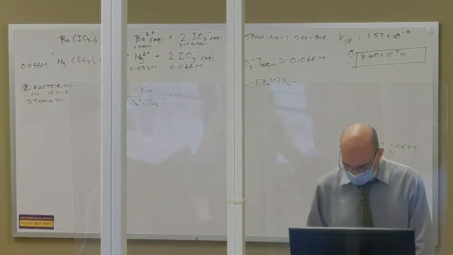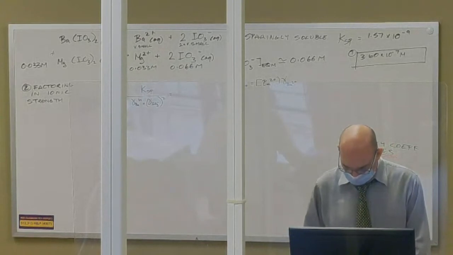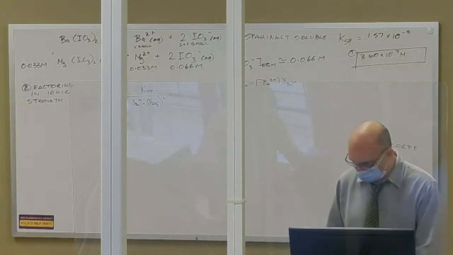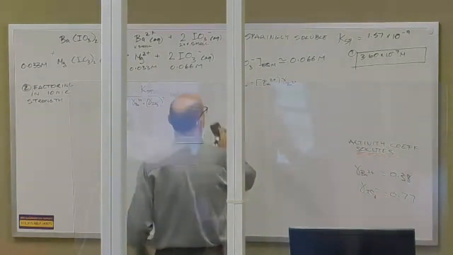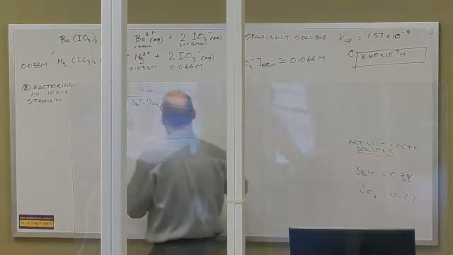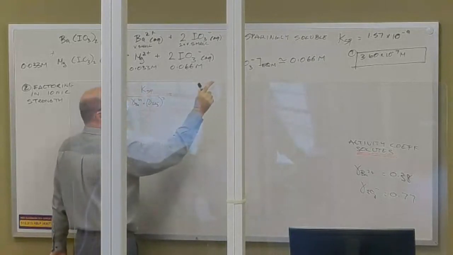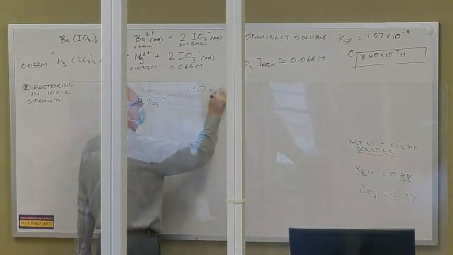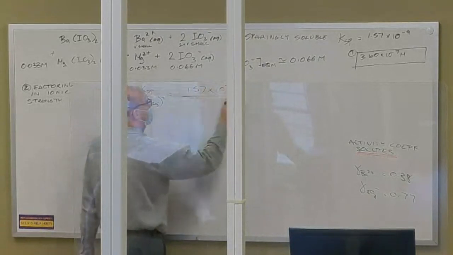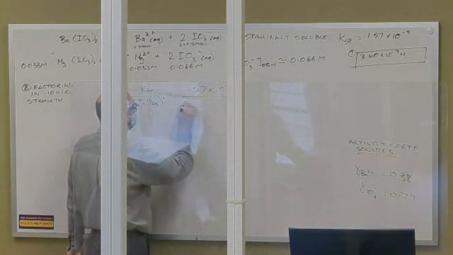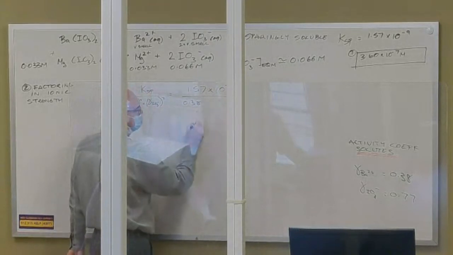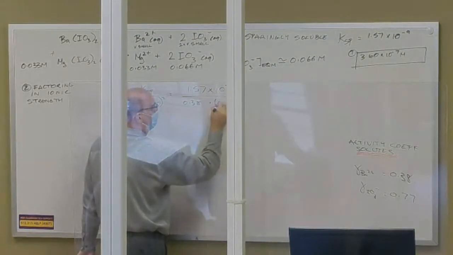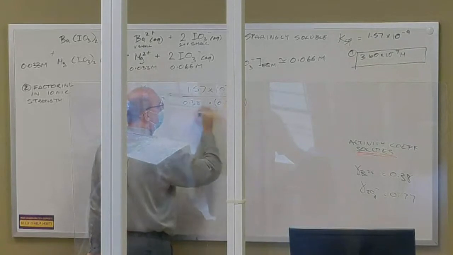The book has just written that, but I think they actually mean it the other way, the other way that we have been using it. All right, never mind. I'm going to put my 1.57 times 10 to the negative 9 here. I'm going to divide by 0.38 times 0.77 squared.